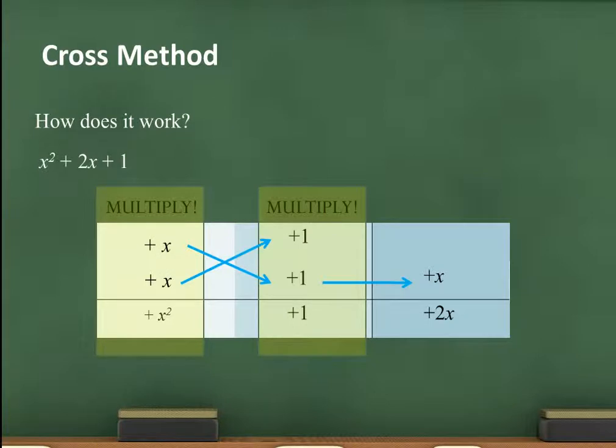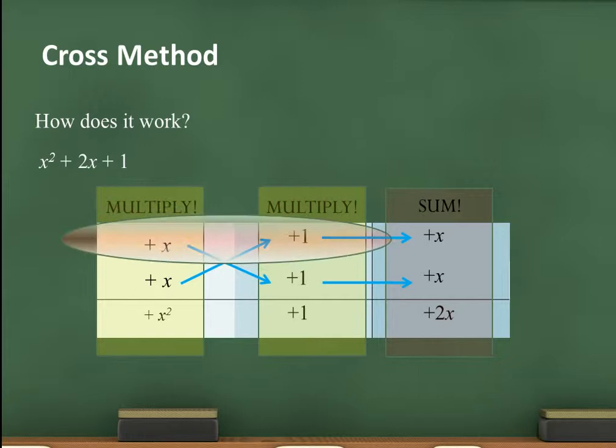Now for the next x at the bottom left hand corner going up to the top right hand corner, I get another positive x. This last column is our checking column. If everything is right, this column should be a sum. So positive x plus positive x should give us positive 2x. Once we get this part correct, it shows that our cross method is done correctly.